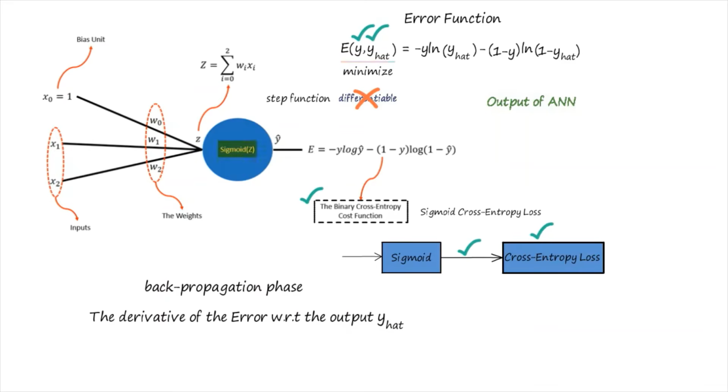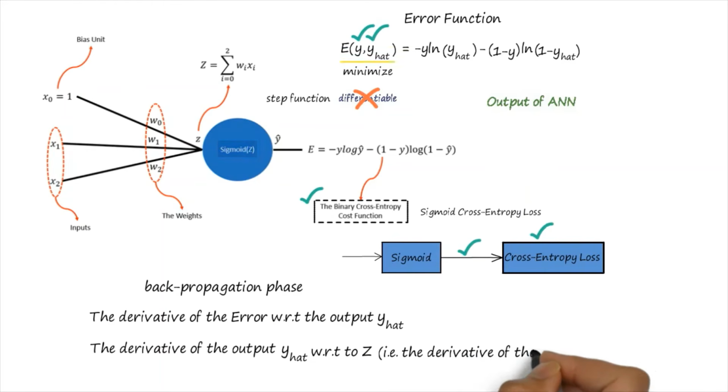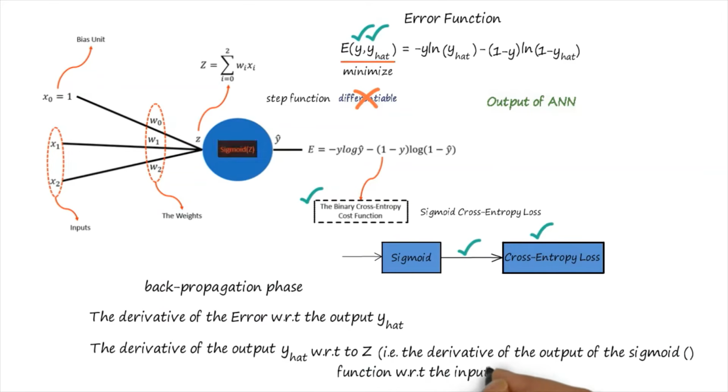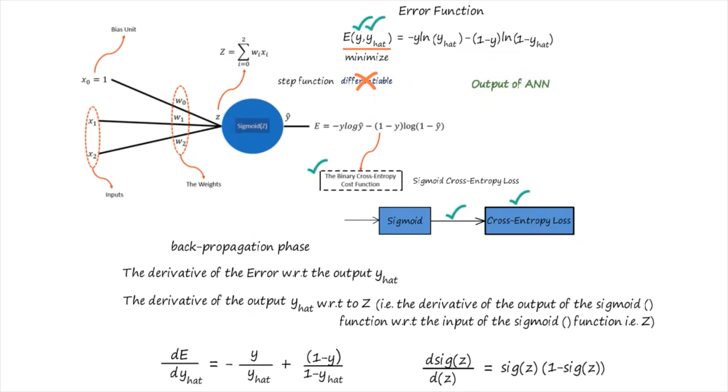And also we have to find the derivative of the output y hat with respect to z, that is, the derivative of the output of the sigmoid function with respect to the input of the sigmoid function, which is z. Now these are the two mathematical computations that I am showing over here, how we could find the derivatives for the first case and for the second case.